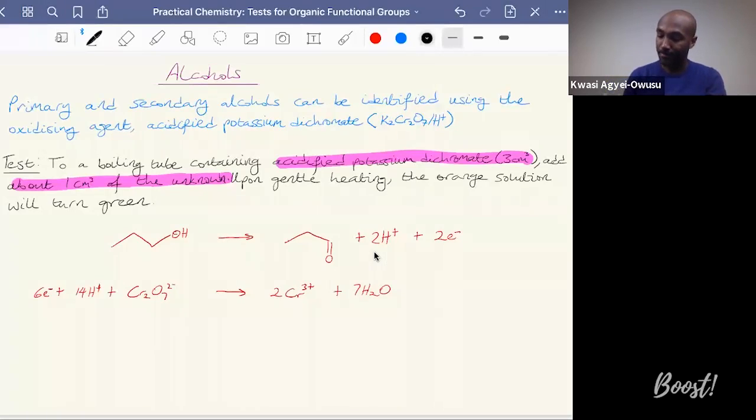Okay, so the orange solution, if we pick a different highlighter, this orange solution is the dichromate. And the orange color is chromium, Cr in the +6 oxidation state.